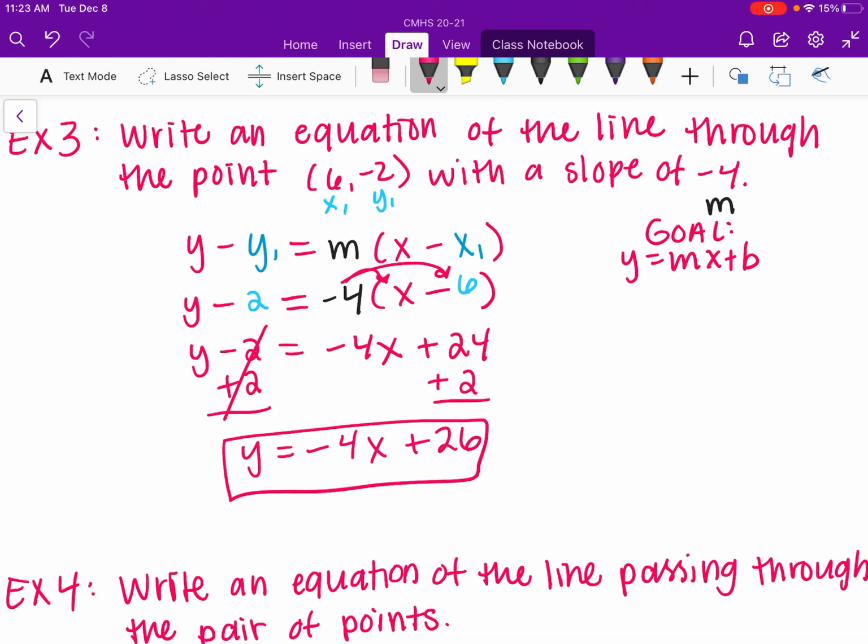And there we go. We got it. So basically the steps are: 1, plug in the numbers; 2, distribute; and 3, move the y1 over to the other side. Those are pretty much the steps.